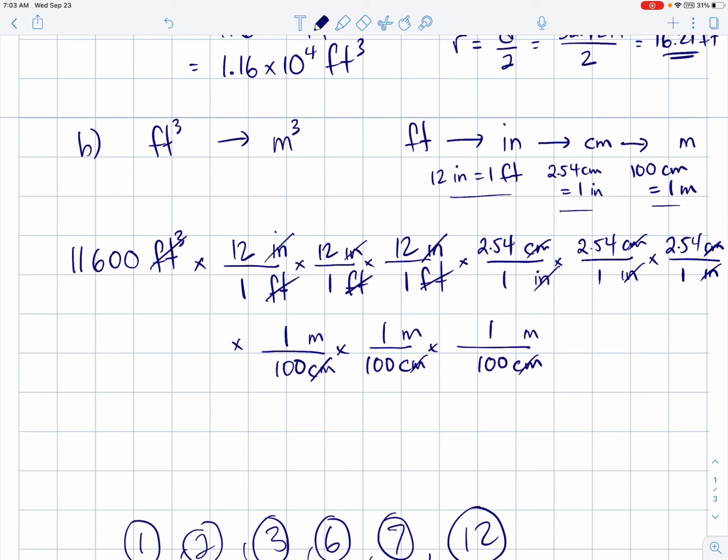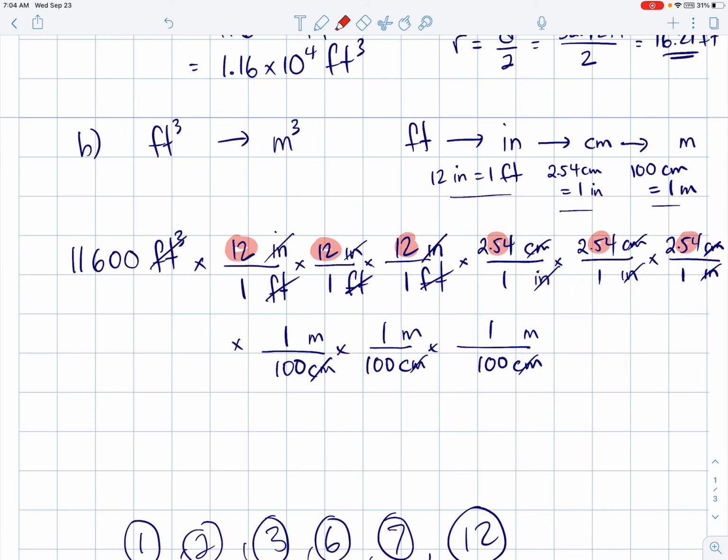Now we're ready to pick up a calculator and evaluate this. We're going to start by typing in the number 11,600 on your calculator. And then notice that the 12s are in the numerators of my first 3 unit multipliers. If the number is in the numerator, you multiply by that.